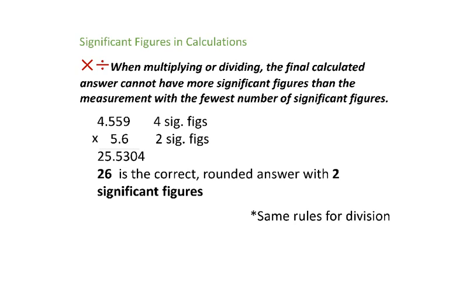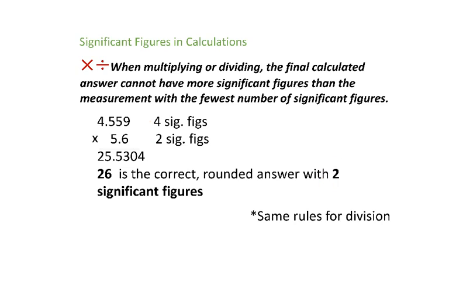It's limited by the measurement with the fewest number of significant figures. Here's an example. You have 4.559 times 5.6, and you plug it into your calculator, and it gives you 25.5304, because your calculator doesn't know anything about sig figs. It just gives you the math. So you have to know that the first number has 4 sig figs, and the second number has 2 sig figs, and so your final answer can only have 2 significant figures.